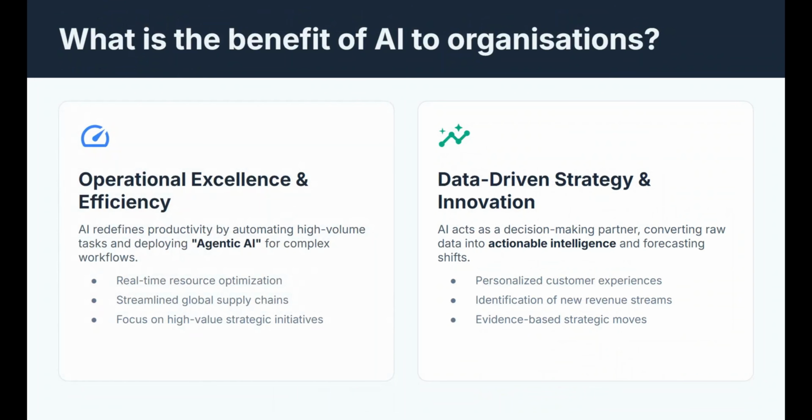Beyond simple automation, AI optimizes resources in real time, from reducing energy costs in data centers to streamlining global supply chains through predictive logistics. By handling the quote unquote heavy lifting of data processing and administrative maintenance, AI allows a workforce to shift its focus towards high value, creative, and strategic initiatives that drive the business forward.